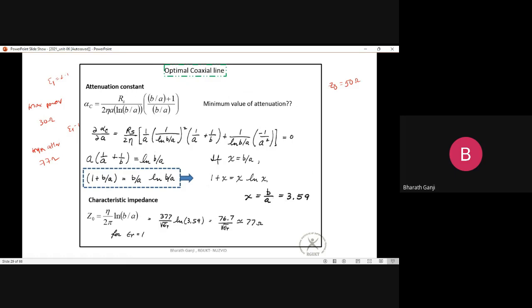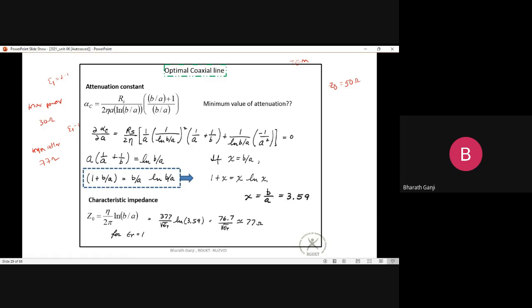Coaxial cable is the most popular one used for connecting any two RF devices as a guiding medium, because coaxial cable operates in a transverse electromagnetic wave. Because of the TEM wave operation, coaxial cable is often used for connecting RF systems like antennas and transmitters and whatnot. And the coaxial line is usually designed for 50 ohm.